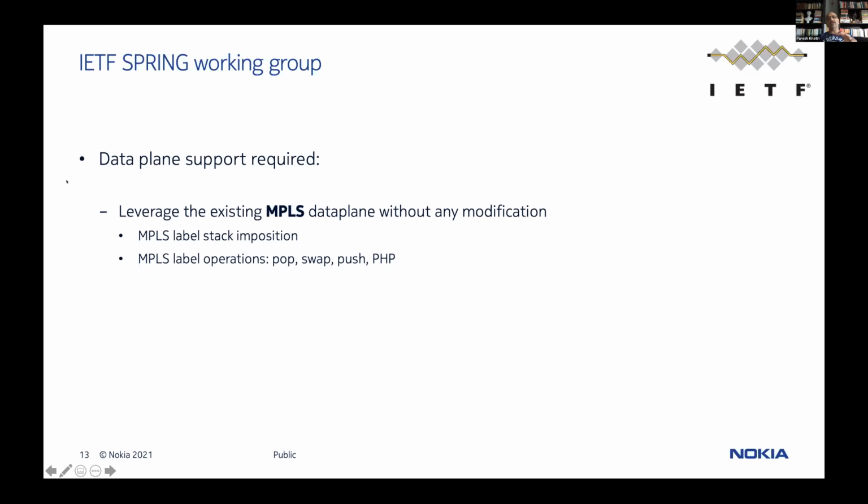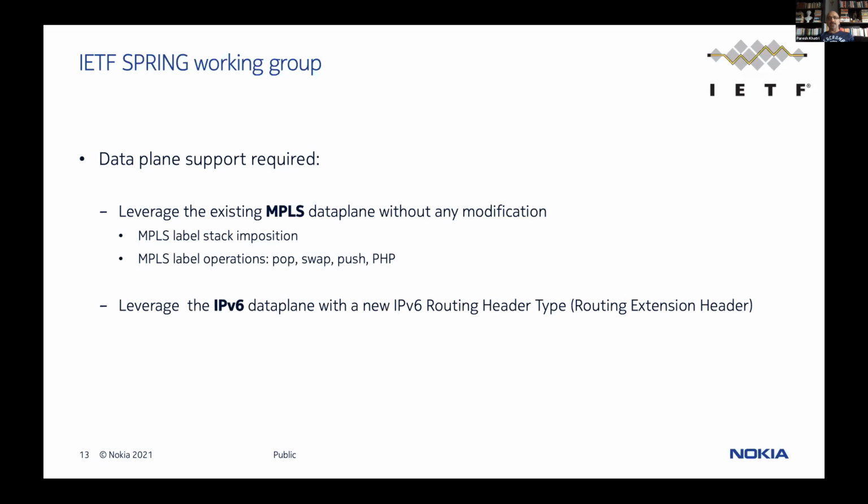And that meant all of the mechanisms of MPLS, such as having labels, having a stack of labels, the MPLS operations pop, push, swap, all of those could stay because the paradigm for forwarding was the same. So that was one. The second one that the IETF SPRING Working Group specified was an IPv6 data plane.